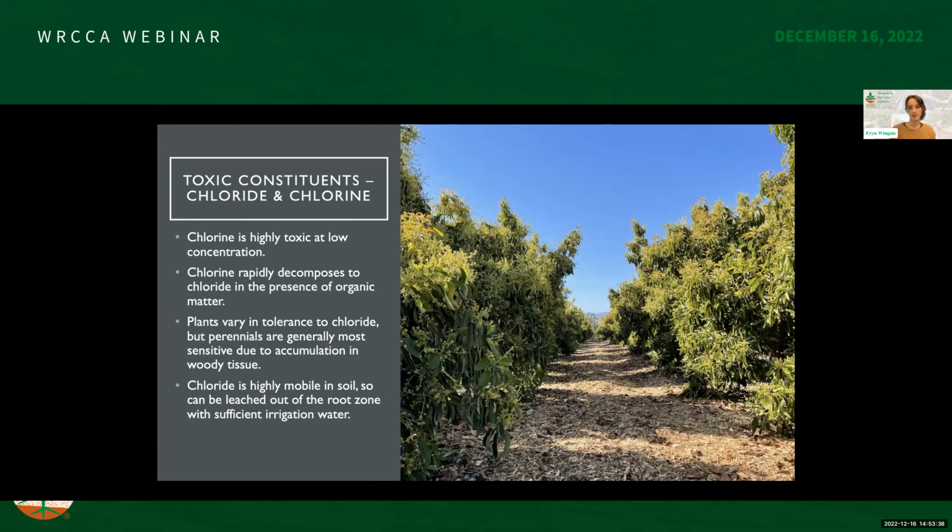So then the next toxic one is chloride. And then I also wanted to mention chlorine. And sometimes chlorine is in the irrigation water if maybe you're getting it from a city source. And chlorine is highly toxic at very low concentration. But the good news is that it decomposes very quickly in the presence of organic matter.